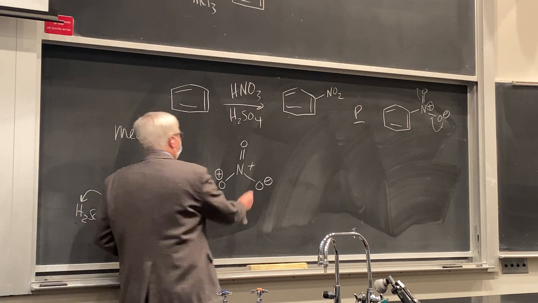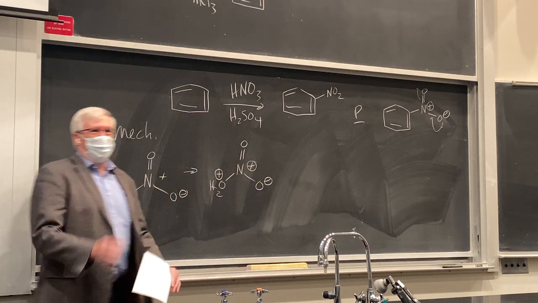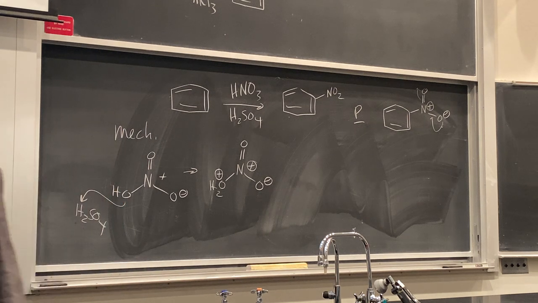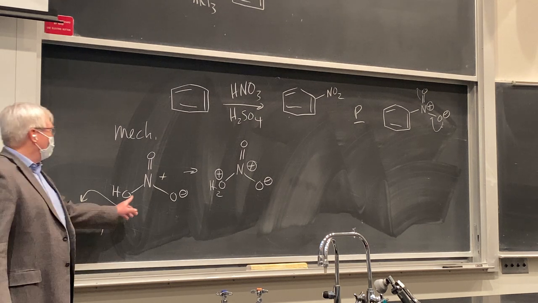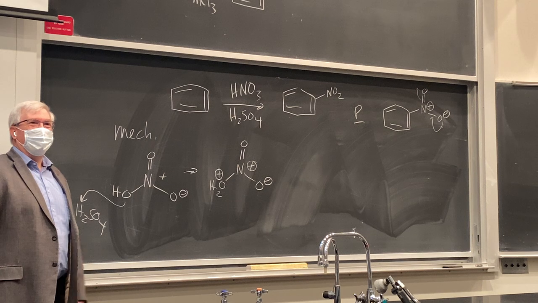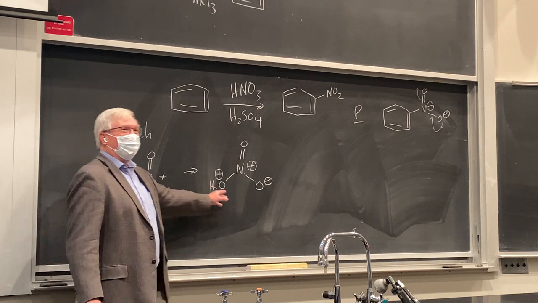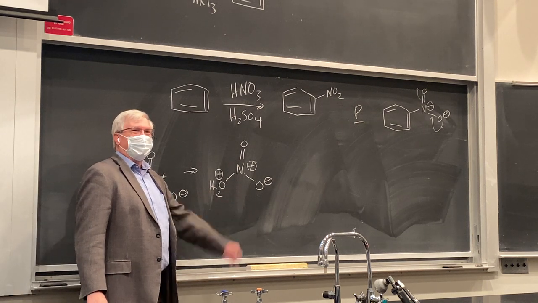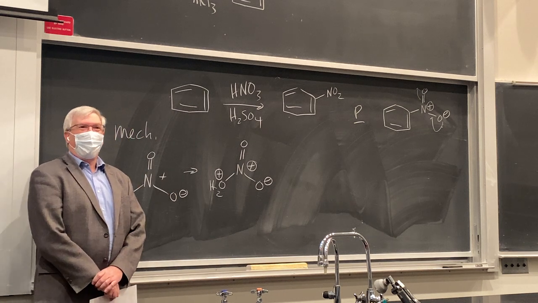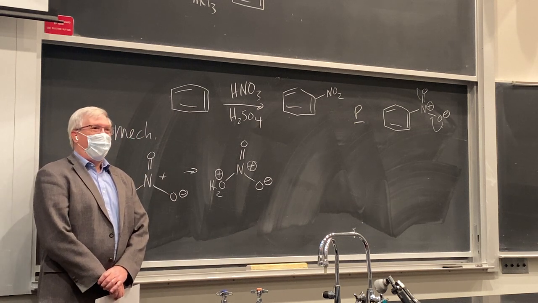What's a potential problem with this intermediate? We'll stick with it for the purposes of our class, but what might be a problem here? Anybody? First of all, we're using a strong acid as a base. That's maybe one. But what do you notice about this structure that might make it very high in energy, unstable?